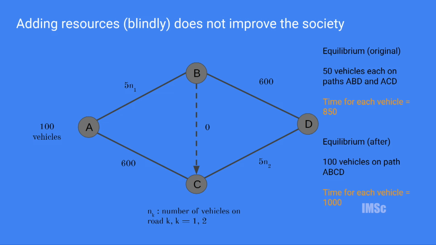This is exactly where the strategic behavior comes in, and this is not a toy example. This kind of thing has actually happened. People in certain cities built bridges which were supposed to reduce the congestion. They had to break them because these two resources are underutilized, zero utilized, and this resource has actually increased the congestion.